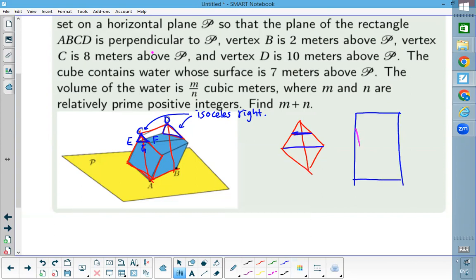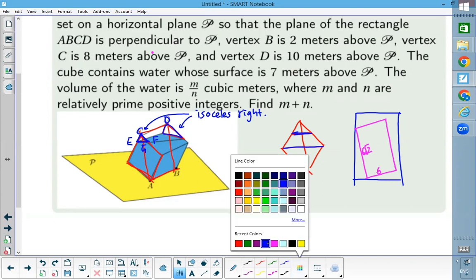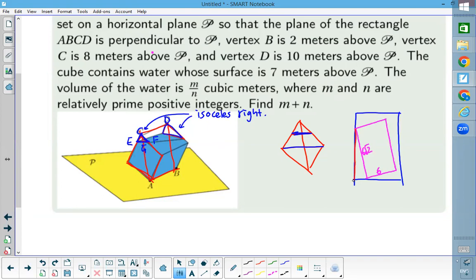So basically you have this is 6 root 2, and this is 6, and this is 2 units above. So the distance above is like this is 8, this is 2, and this is 10.